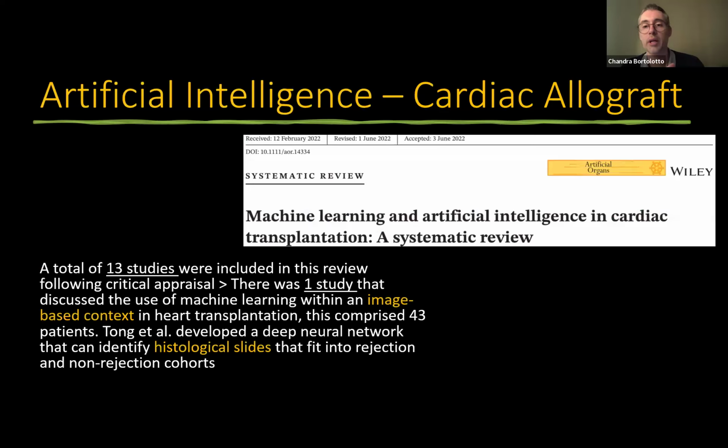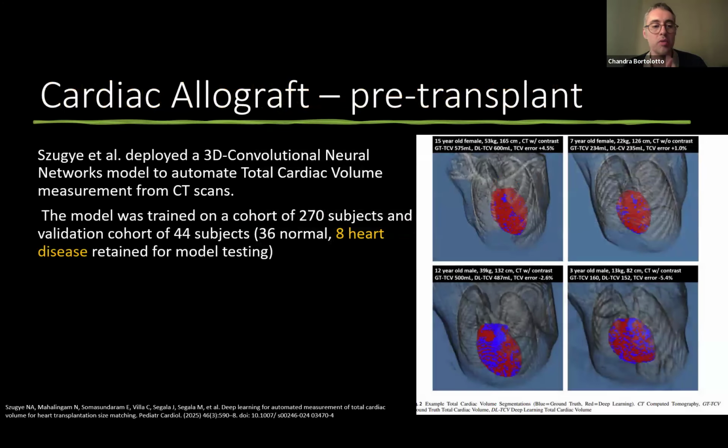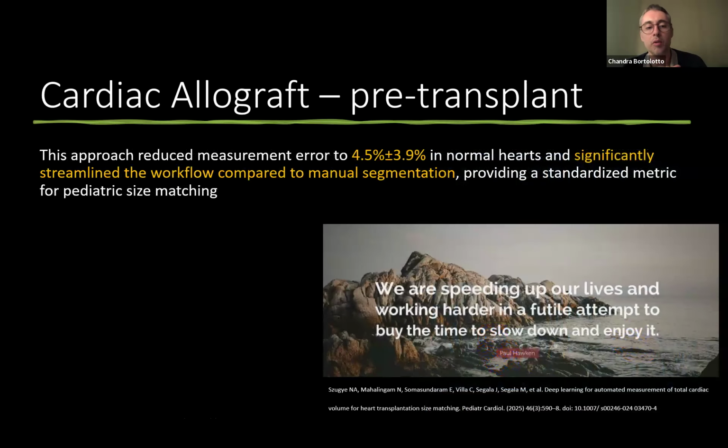Let's move to the cardiac allograft. This is a 2022 systematic review. There's nothing in radiology. The only image-based article is on histological slides. In 2025 and in the subsequent years, something has been published like this kind of article. In the pre-transplant phase, AI can help to automate the measurement of the total cardiac volume, to obtain it automatically.